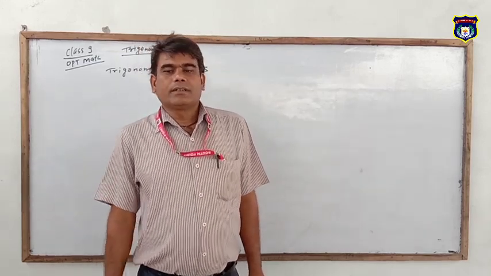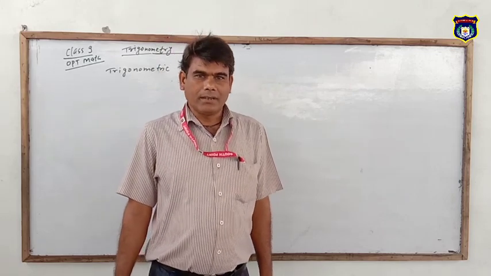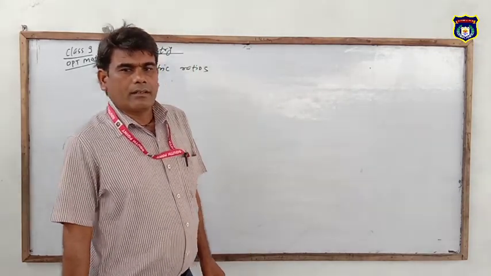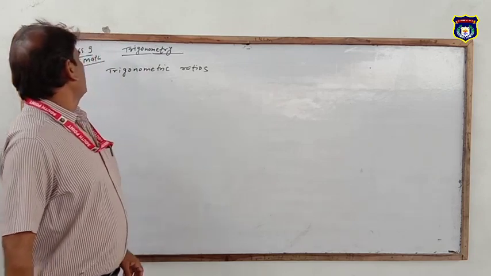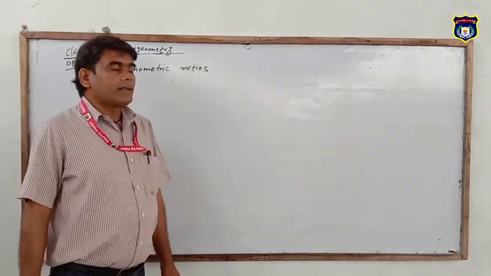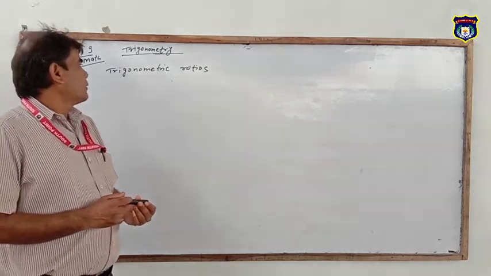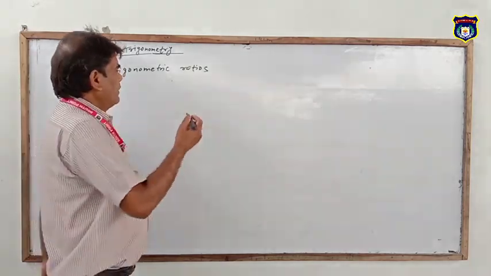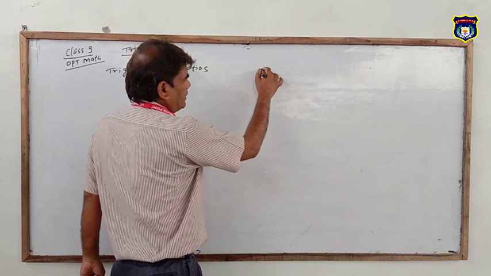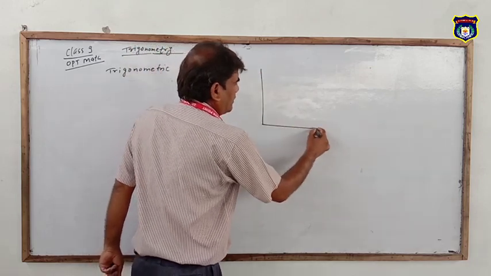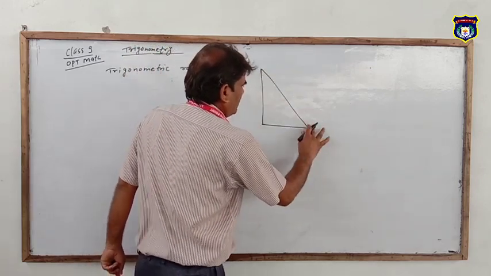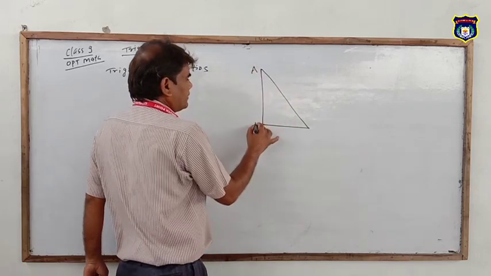Today I am going to teach you the subject Optional Math in class 9, in the Trigonometry chapter, Trigonometric ratios. In trigonometric ratios, this is a right angle triangle.